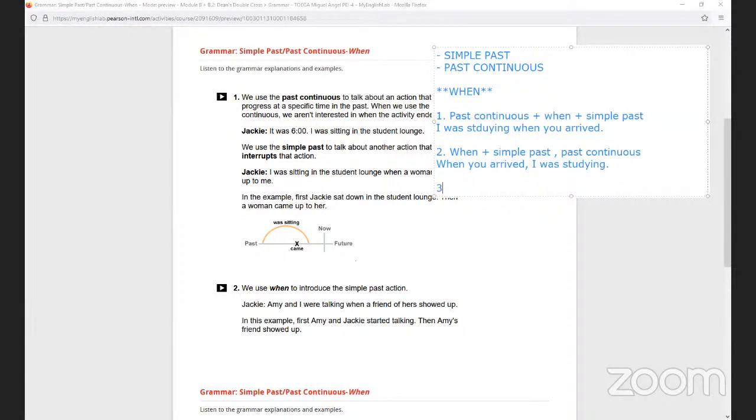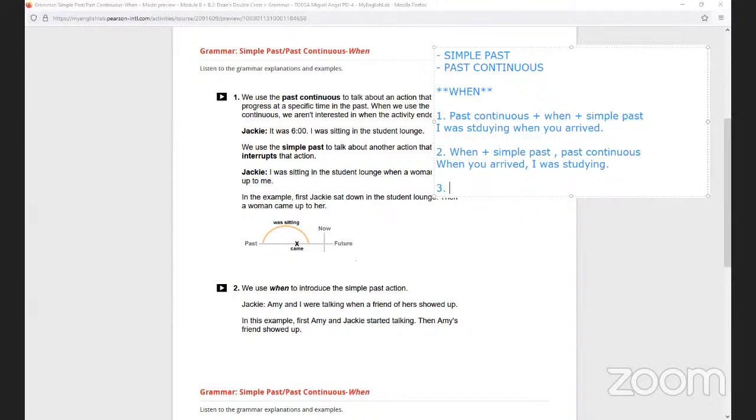And of course, we also have one more structure. Can we use two past continuous? No, okay? No, never. With this connector, we can't use two past continuous. Because if I use these two, it means that two actions are happening at the same moment. But I can't use that with when. The other question: can I use both in simple past with this connector? Yes.